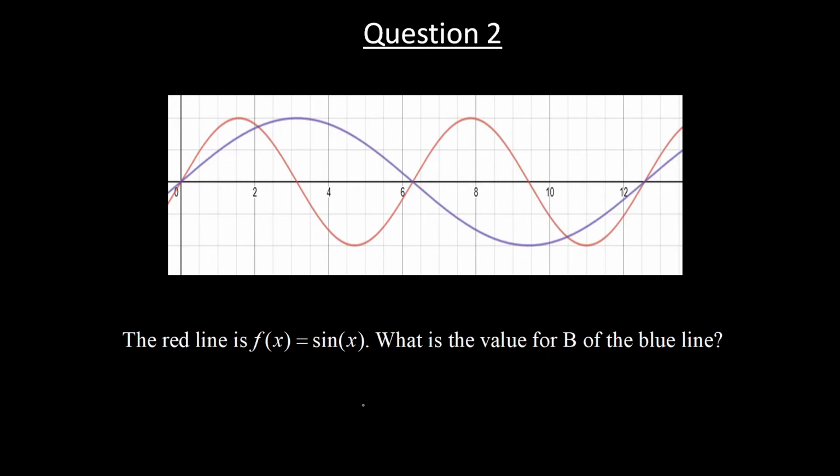So question 2. Now the red line I have graphed is the regular old sine function. That's the red line. By looking at the red line, what is the value for b of the blue line?